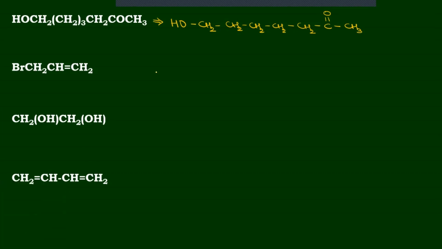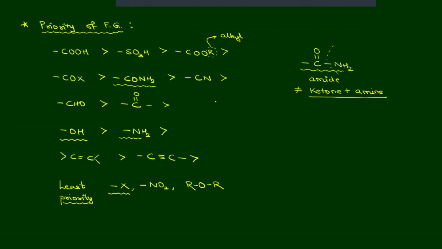How many functional groups? 2. So it's a polyfunctional compound. First, it is a polyfunctional compound. Second, if it's a polyfunctional compound having more than one functional group, you have to think about priority.